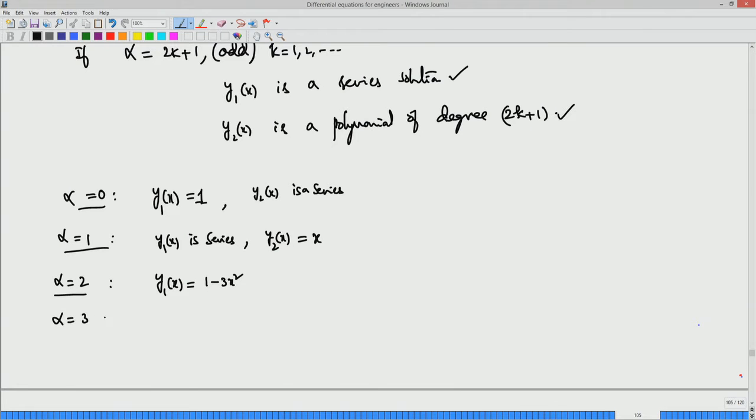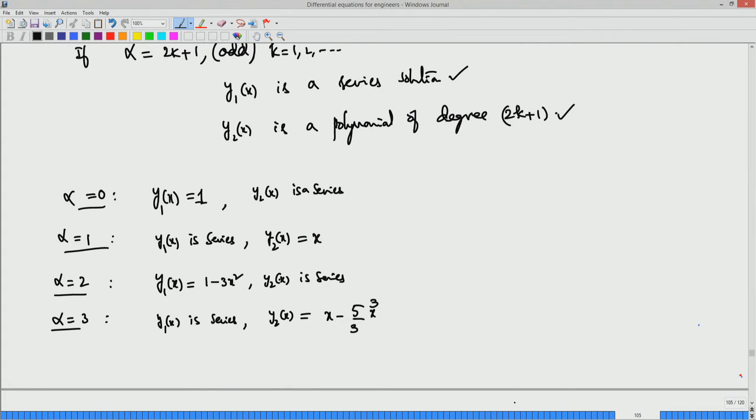For alpha equal to 3, y2 is a series, and y1 of x is a series, and y2 of x is x minus 5 by 3 x cubed, a third degree polynomial. So, you can see 1 minus 5 by 3.